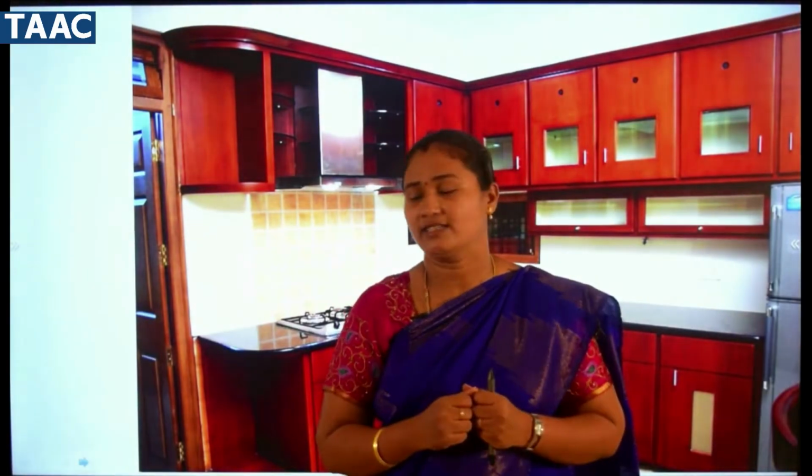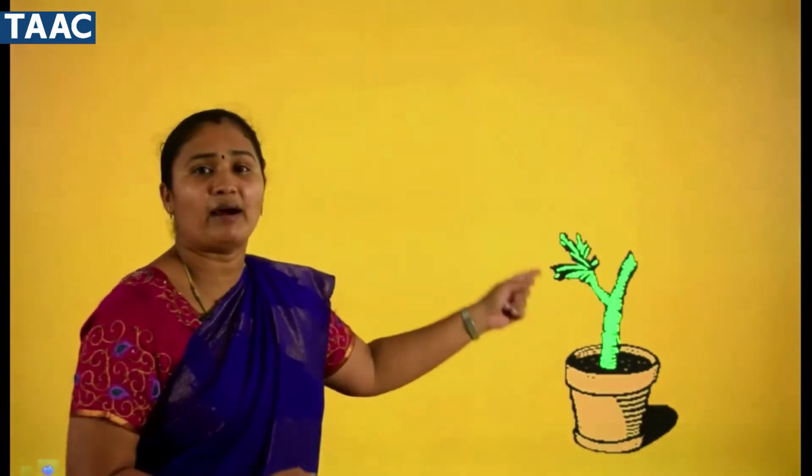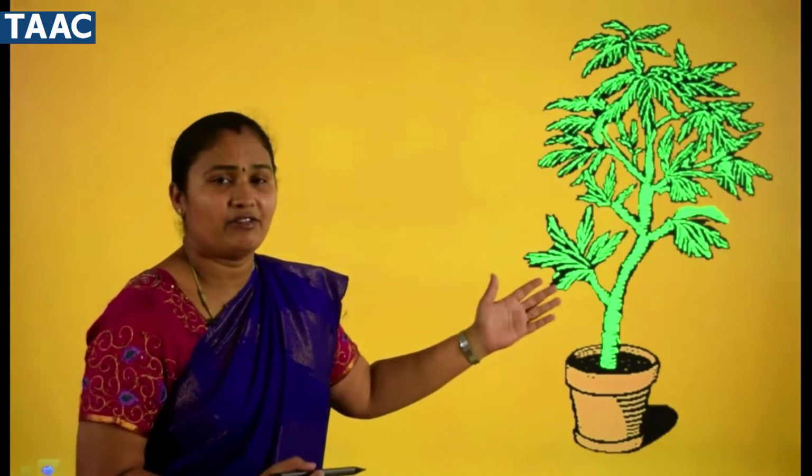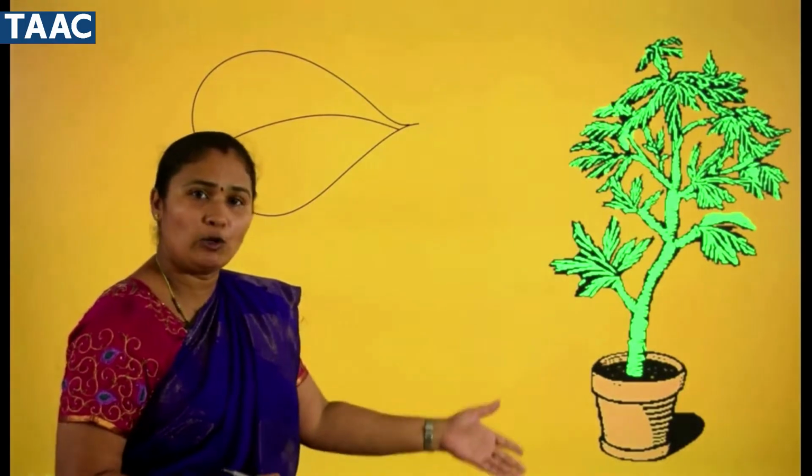The same way, plants also prepare their own food by using a specialized part. There are different parts in the plant, but the specialized part is the leaf. The leaf is the part which prepares the food for the whole plant.